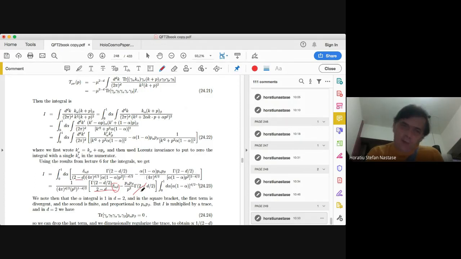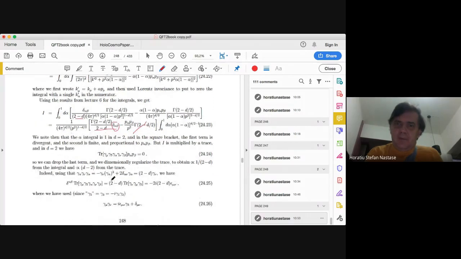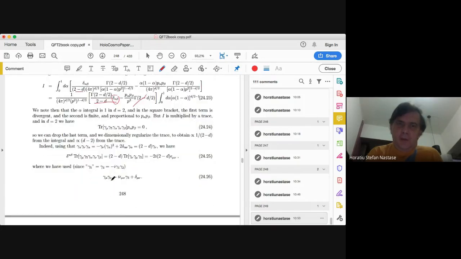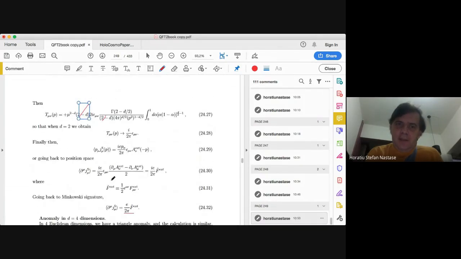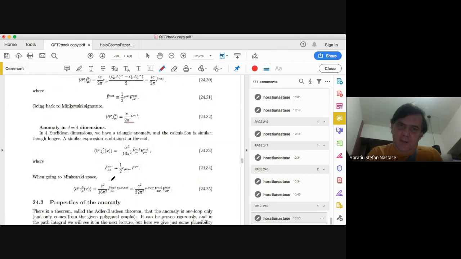Again there's a finite part which multiplies a trace that is 0, and the divergent part which multiplies a trace that is 0, but you can regularize it dimensionally, and so in the end you also get a finite result.